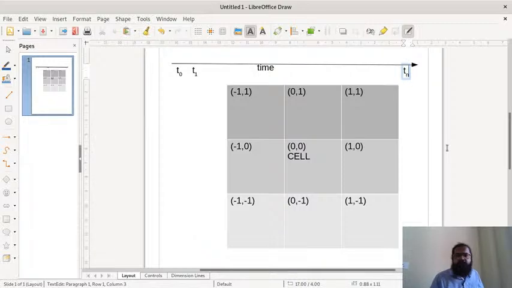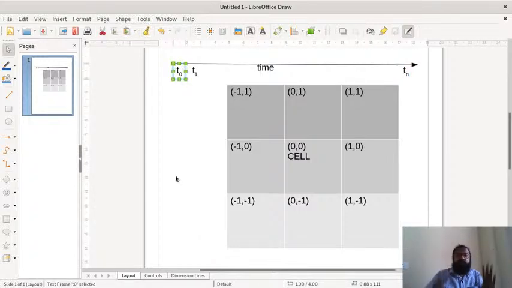Which means that you are going to have a grid in which you are going to place some living cells at the start of the world. The start of the world is t0. So at the start of the world you have a two-dimensional grid with some cells placed which are alive.